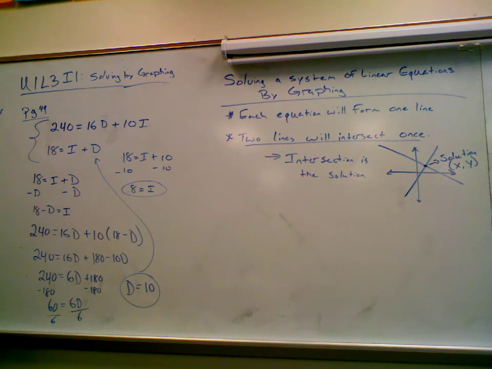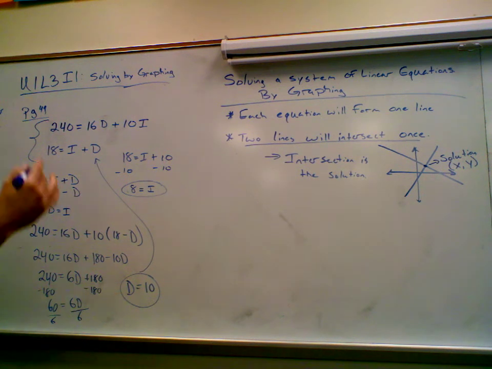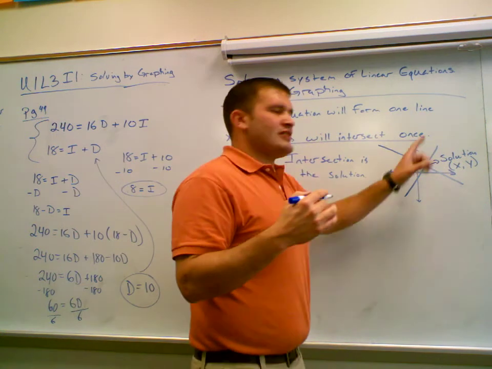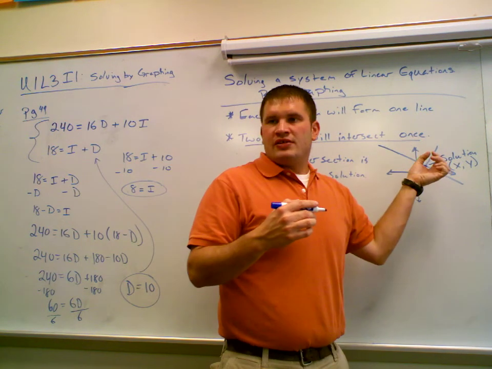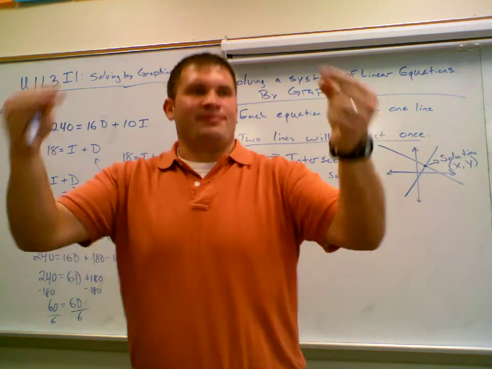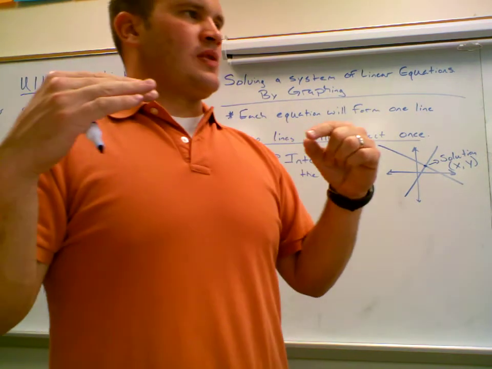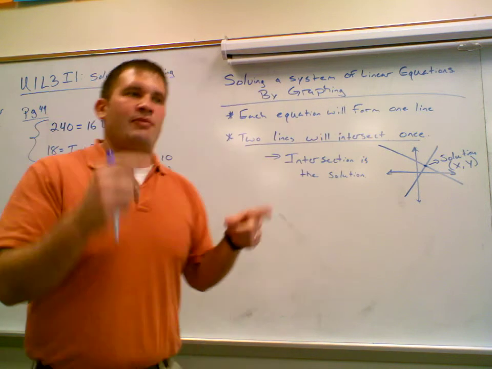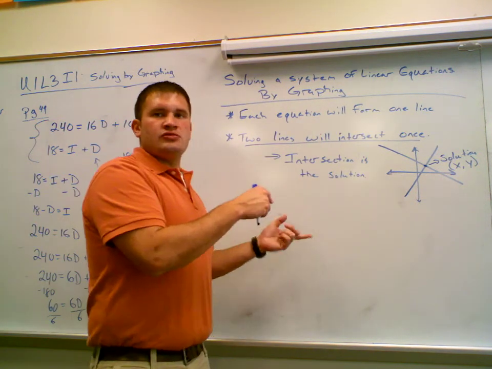Now, why is that intersection our one solution? What has to be true about our solution? It has to make both equations true, right? So when I find the intersection of two lines, that's the one point that's on both lines, the one point that's in both tables, the one point that makes both equations true.